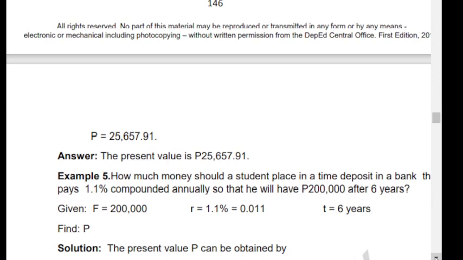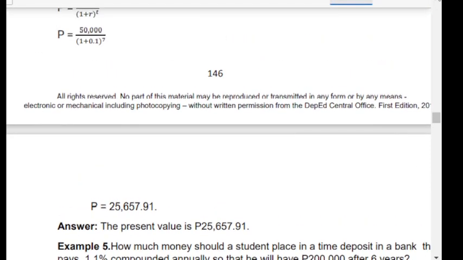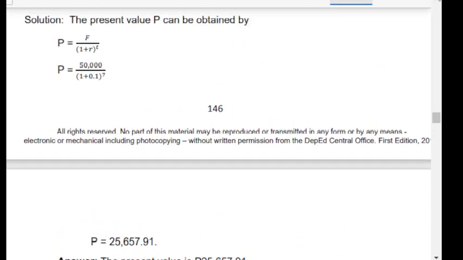So, the answer is, let us solve it. We have 50,000 divided by quantity 1 plus 0.1 exponent 7.